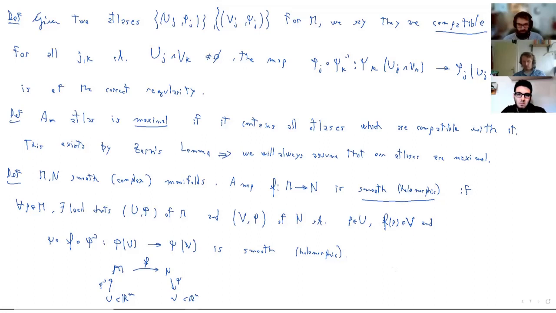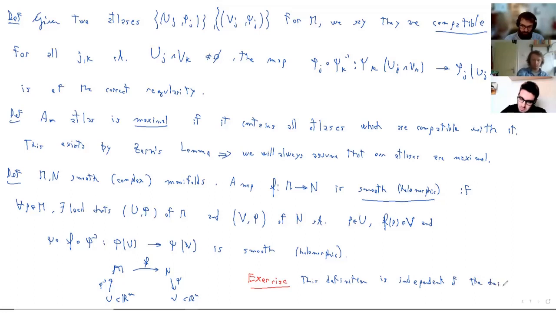Okay. And of course, one thing that one should check, the first exercise, is that this definition is independent of the choice of local chart. And I'm confident that you can prove this in one line or even in your head.